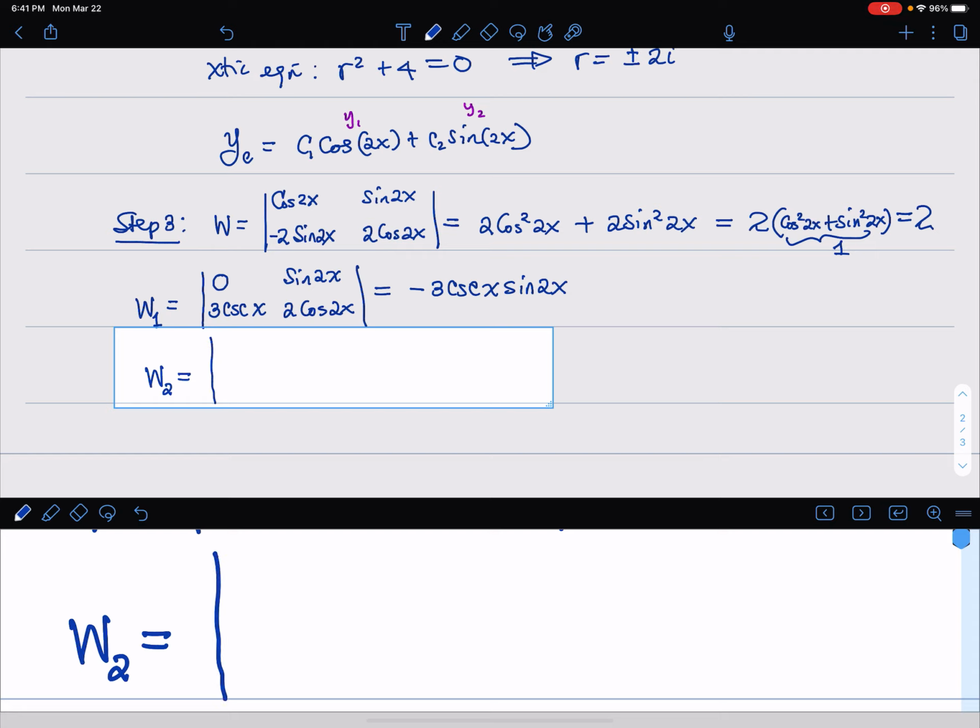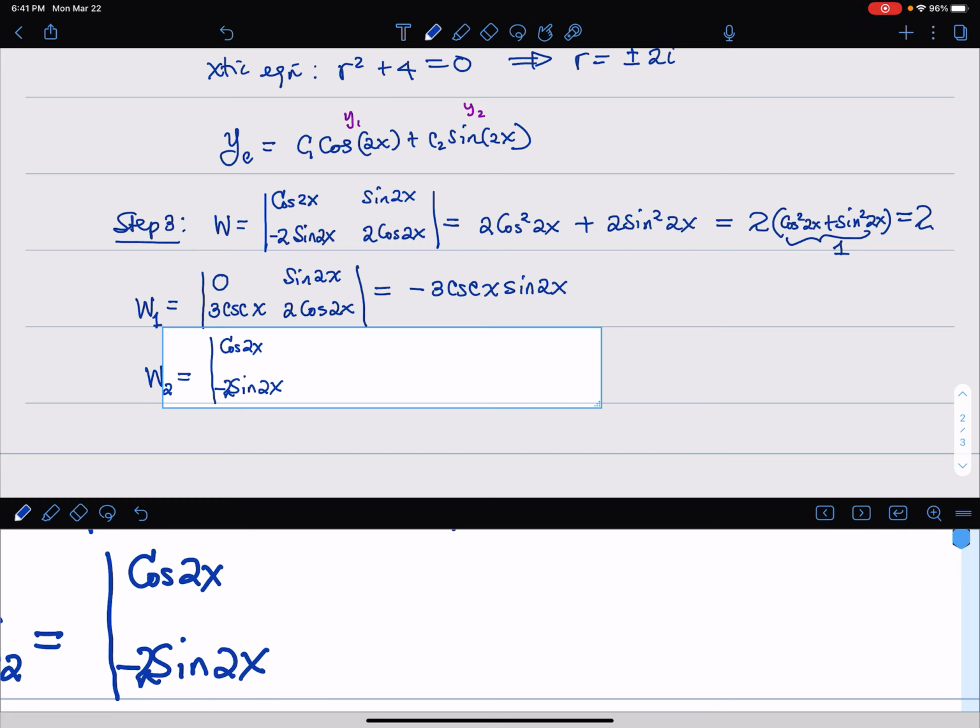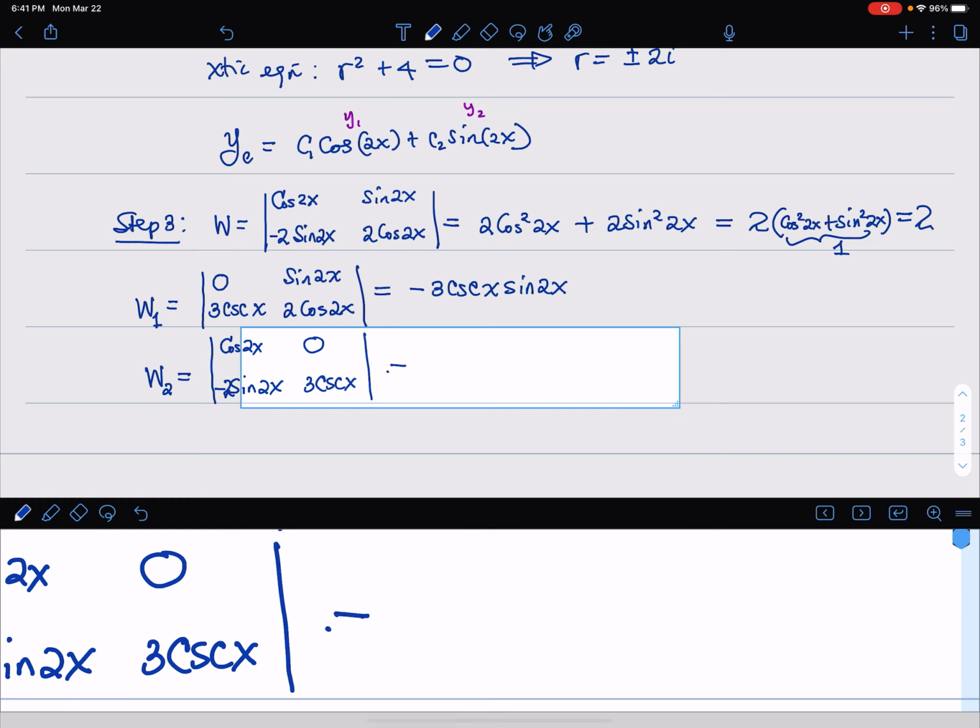Now we do the same thing. So this time we have cosine 2x, negative 2 sine 2x, and then we have 0 there, and we have 3 cosecant of x.